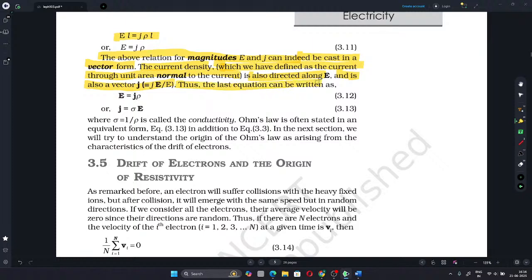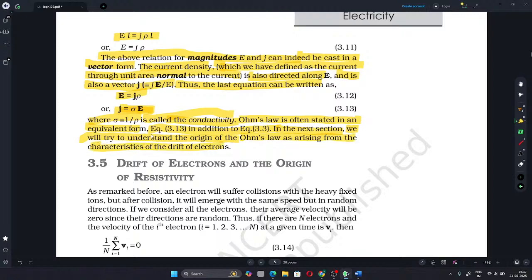Thus, the last equation can be written as E equals J rho, where rho is resistivity, and J can be written as E by rho or sigma E, where sigma is 1 by rho and is called conductivity. Ohm's law is often stated in this equivalent form, 3.13. In the next section, we will try to understand the origin of Ohm's law as arising from the characteristics of drift of electrons.